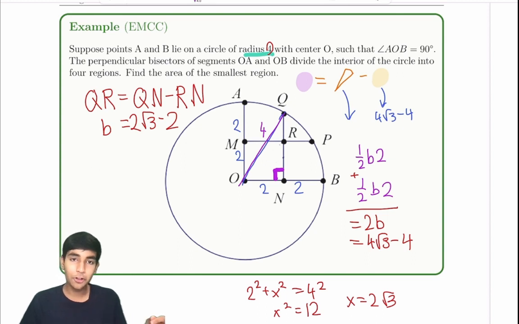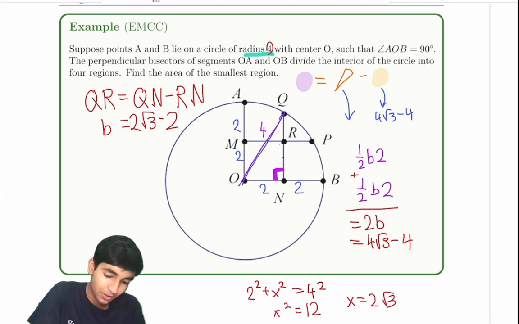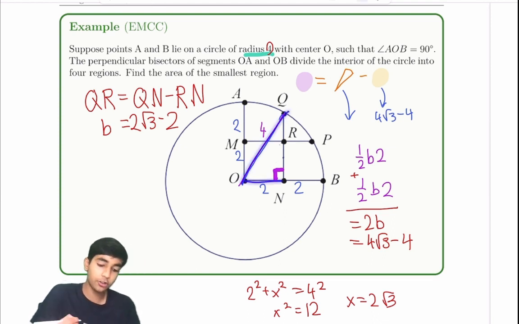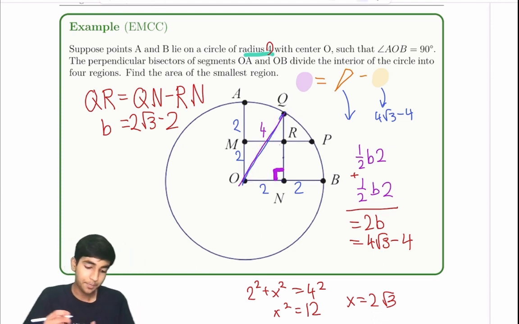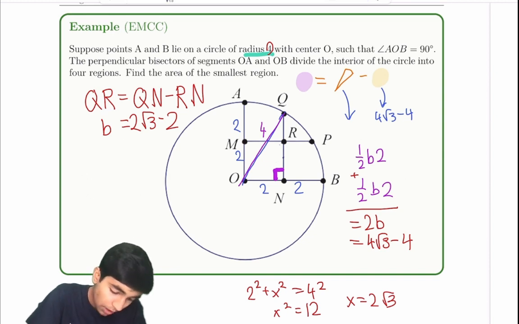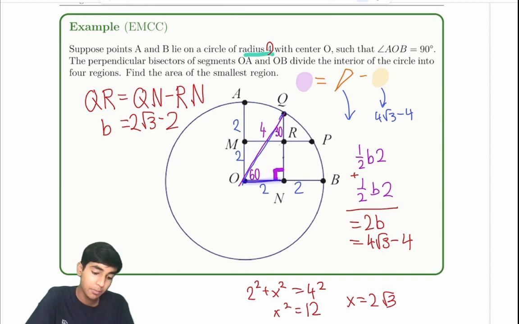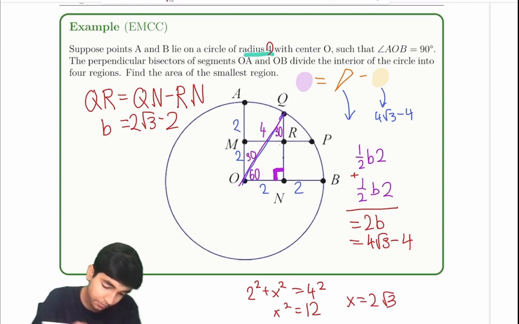Root 3 times the shorter leg equals longer leg. Yeah, that's a 30, 60, 90 triangle, right? Because we see that hypotenuse is double the shorter leg, so it's 30, 60, 90. And you can see that this angle will have to be 60, and the side length opposite 30 is the smallest side too. Okay, so that's 60, which means this is 30.